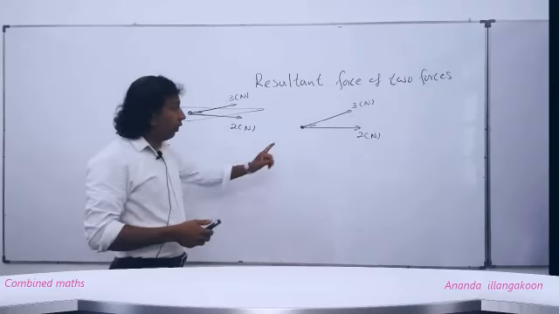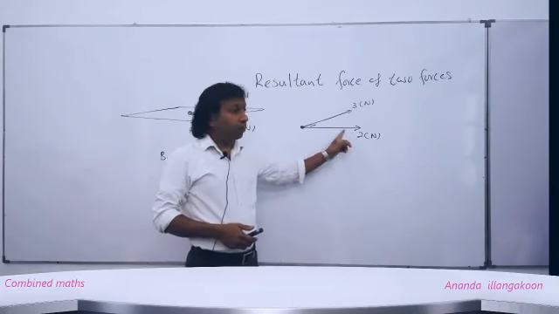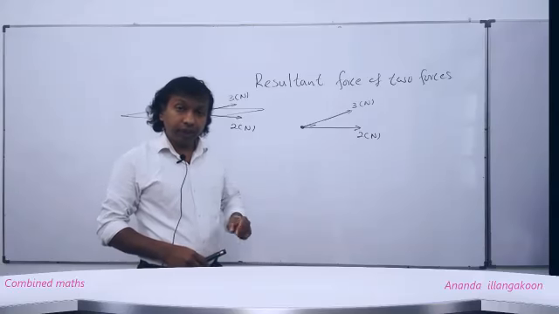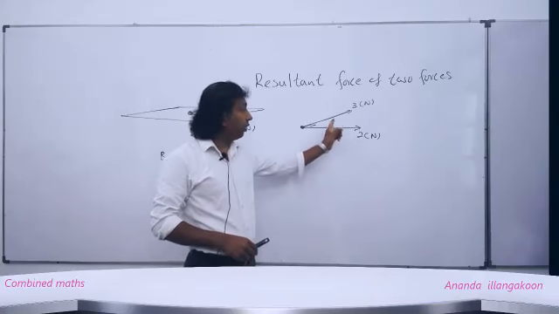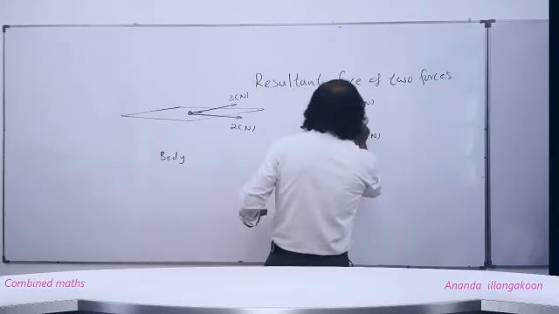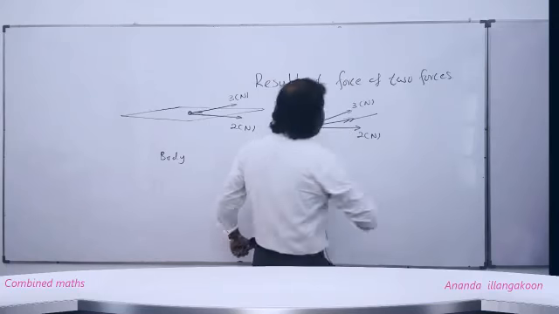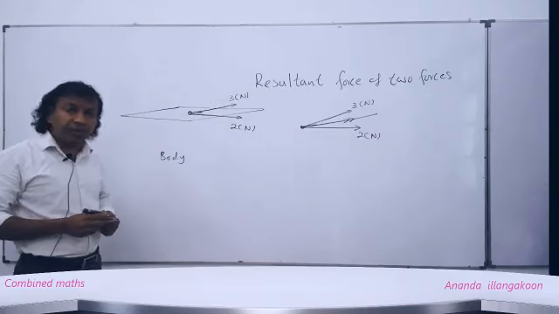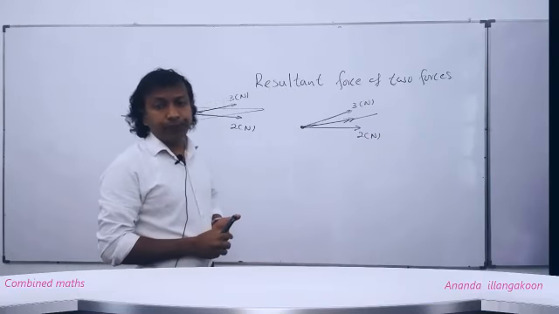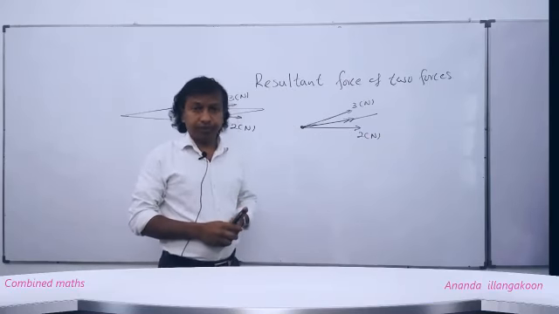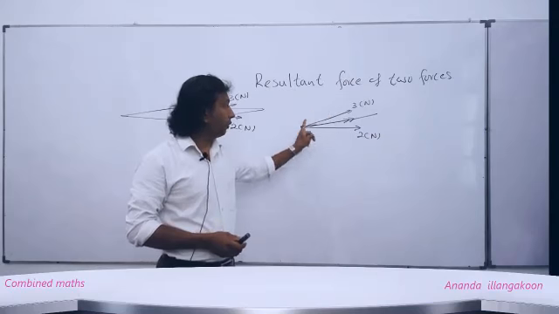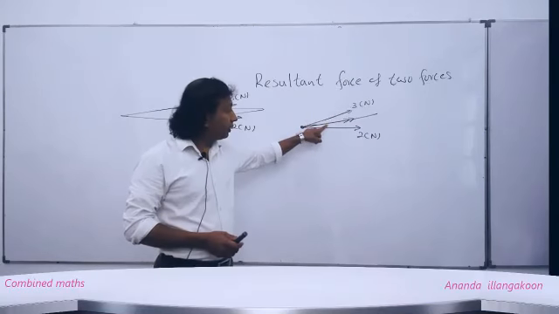People, not along this direction, and also not along this direction. The body begins to move along a direction that is in between these two forces, along a direction like this. People, why? The reason we can explain like this. The whole effect made by these two forces on this body is along this direction.